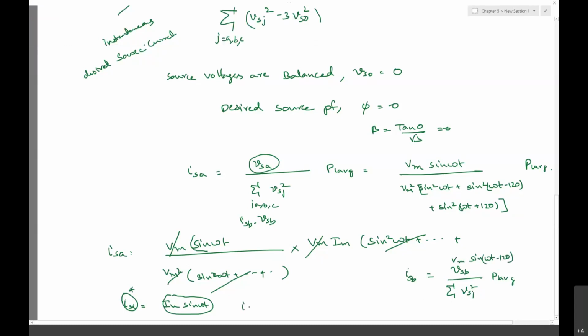We get ISB star as Im of sine of omega t minus 120 degrees. Similarly, ISC star is equal to Im of sine of omega t plus 120 degrees. Okay, these are the reference source currents.